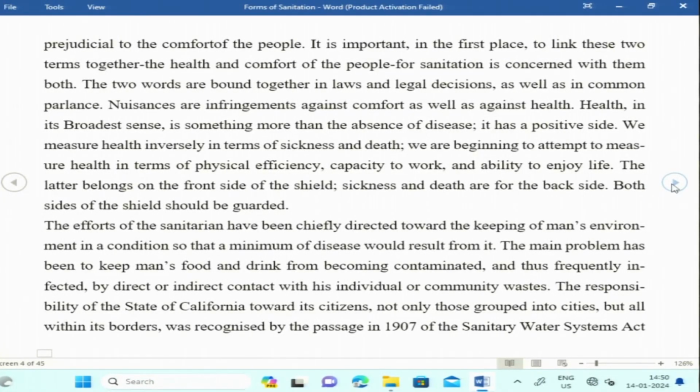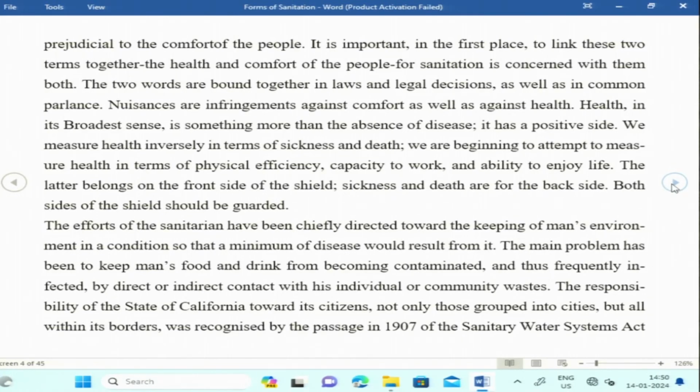But the important thing is the efforts related to man's environment in order to minimize the causes of disease, and the main problem here is how man can keep himself secure in terms of food and drink, and how he can overcome the contamination involved.